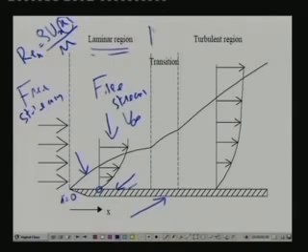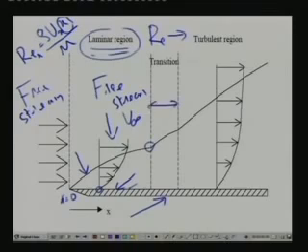That means the Reynolds number increases in this direction. So to start with, we have a laminar region where the Reynolds number is small, and at a certain critical Reynolds number the flow changes from laminar to transition. So you have a transition regime here. The transition regime continues to a certain extent, and again at a certain point the flow transitions to a turbulent region. So you have turbulent flow. So, to start with, you have a laminar region, a transition region and a turbulent region.